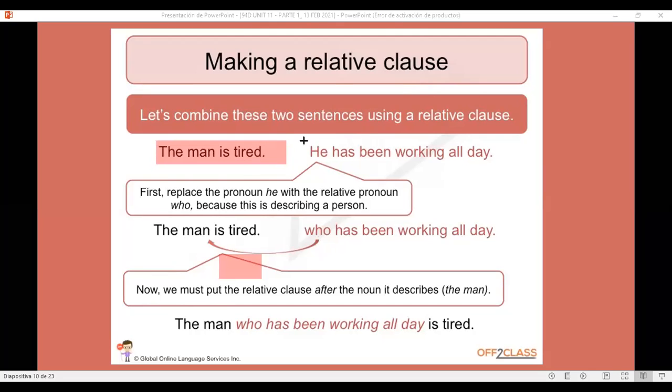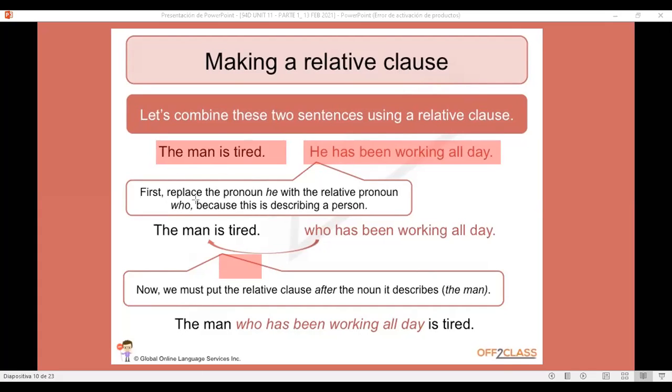And here we have the second sentence. He has been working all day. Sí, él ha estado trabajando todo el día. Tenemos dos oraciones. Can you help me, guys, to analyze how to join these two sentences? Miren, vamos analizando cómo se unirían estas dos oraciones.